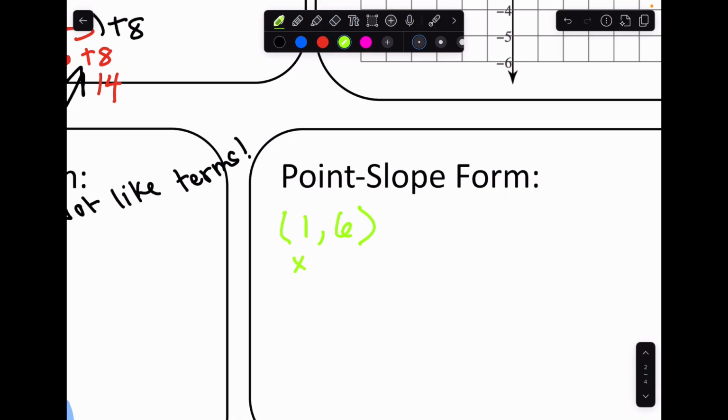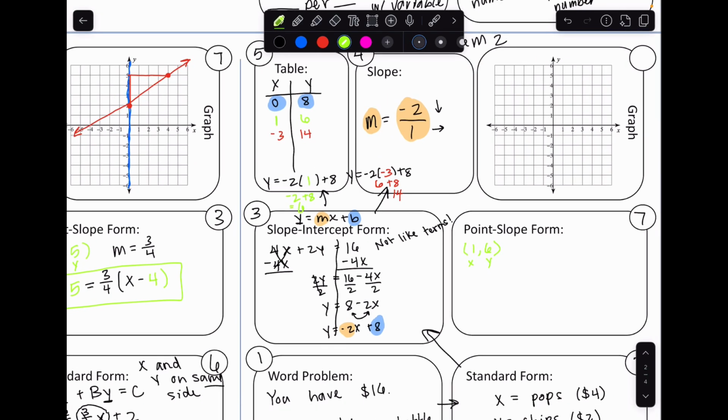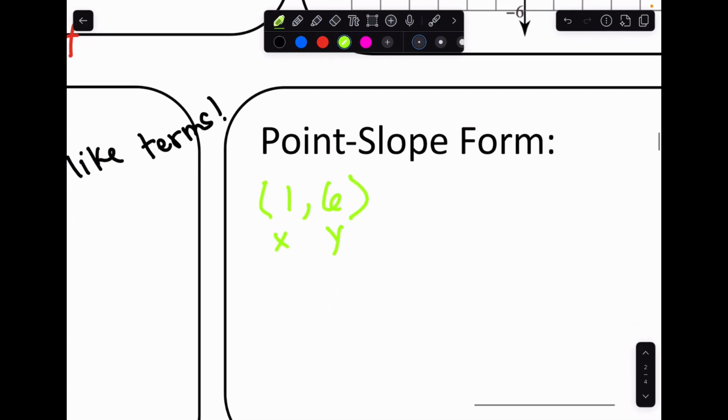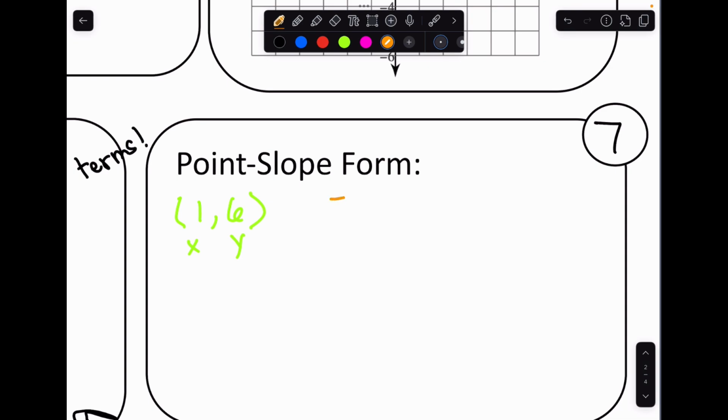Remember, this is my x, this is my y. It's also shown on the table, x and y. So I'm going to pick 1, 6, and I already knew that my slope is -2 over 1, right?